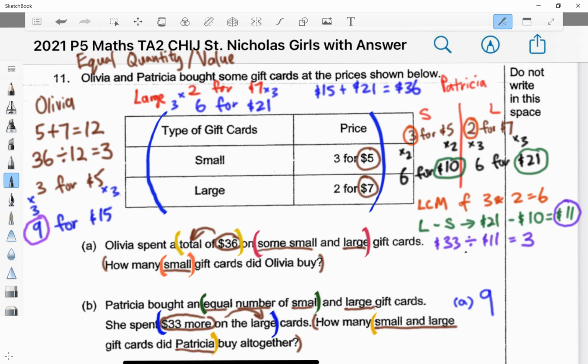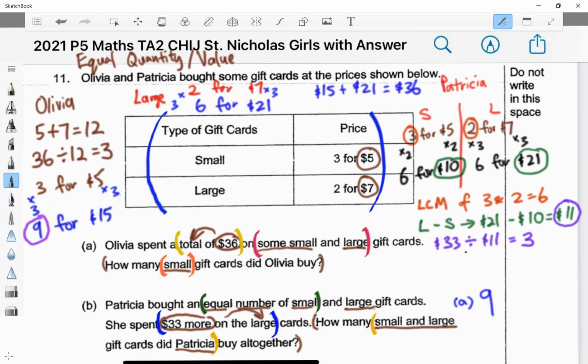This is important for us. It means that the number of gift cards bought by Patricia, for both the small and the large, definitely wasn't just 6 small or 6 large. In order for her to spend $33 more on the large gift cards, the amount subtracted must be 3 times 21 minus 3 times 10.